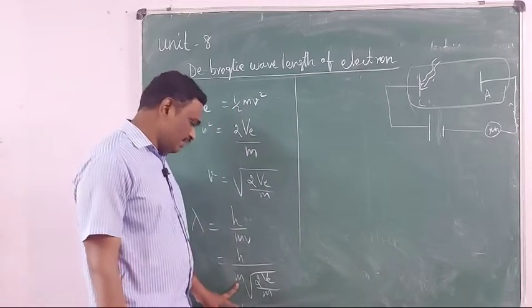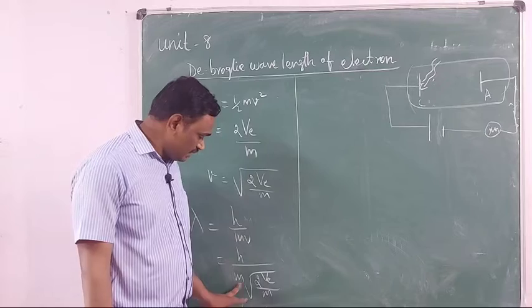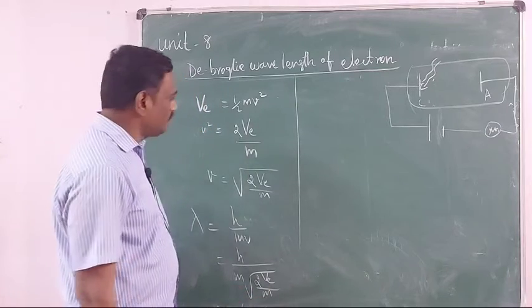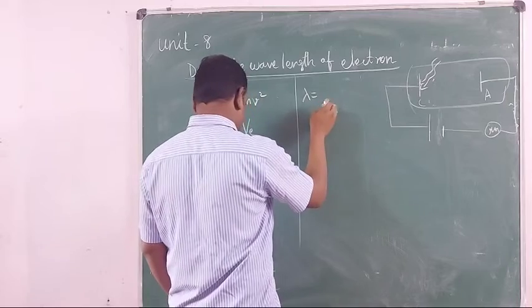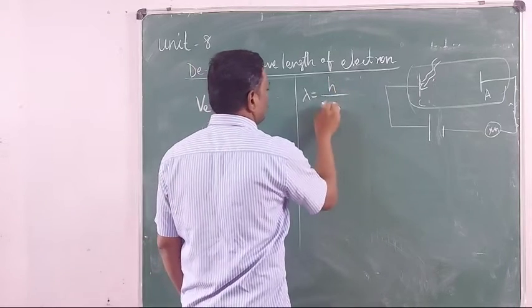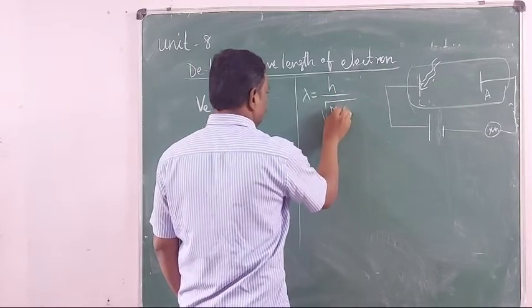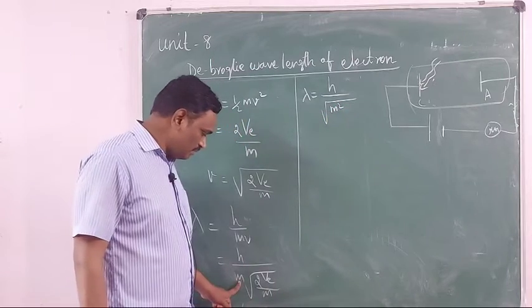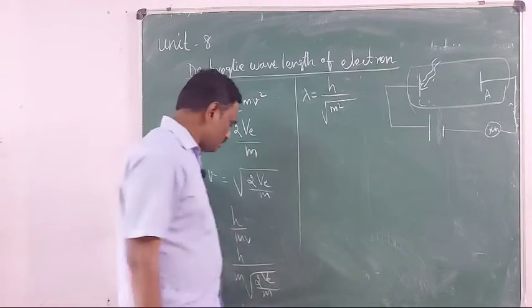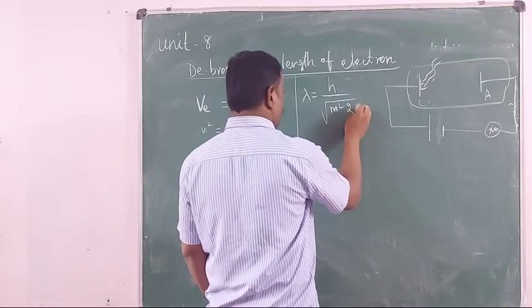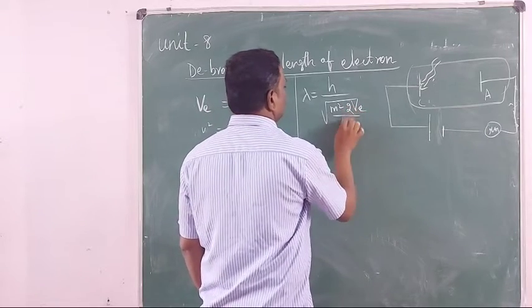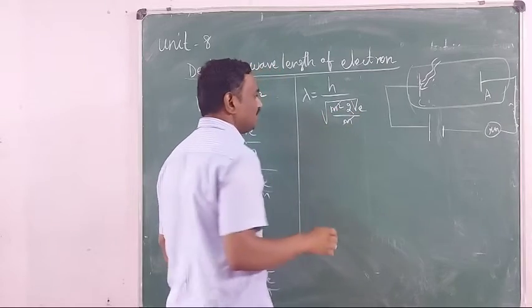Here this m we can take inside the root, so that it becomes m square. So lambda is equal to h by root of m square into 2VE divided by m. Here we can cancel one m.